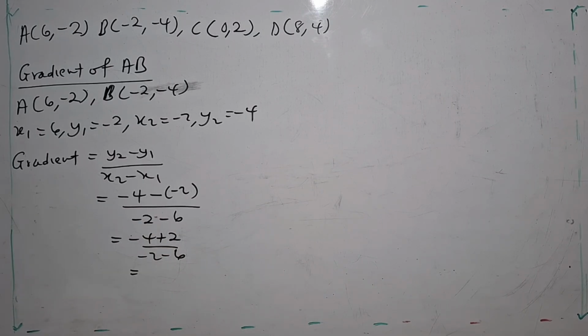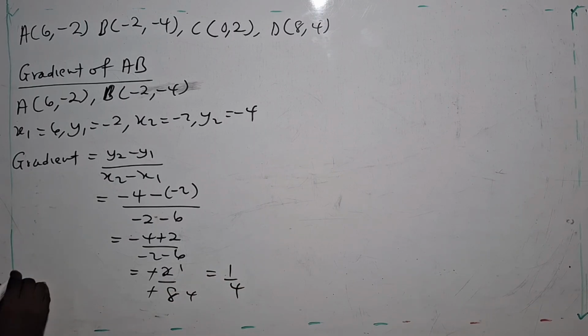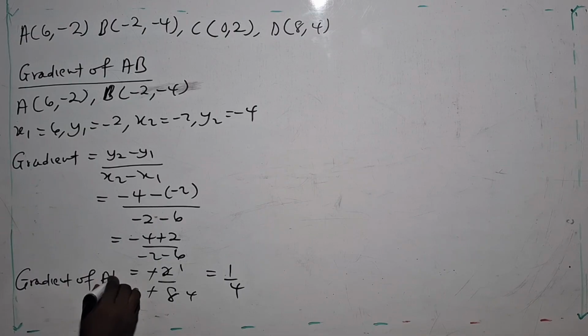So negative 4 plus 2 gives me negative 2, and negative 2 minus 6 gives me negative 8. Negative divided by negative, you can divide here by 2 and here by 8 to get 1 on 4. So the gradient of line AB is 1 on 4.